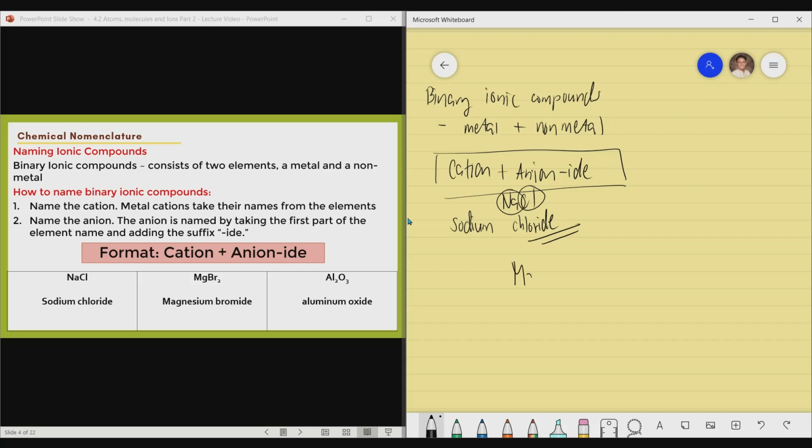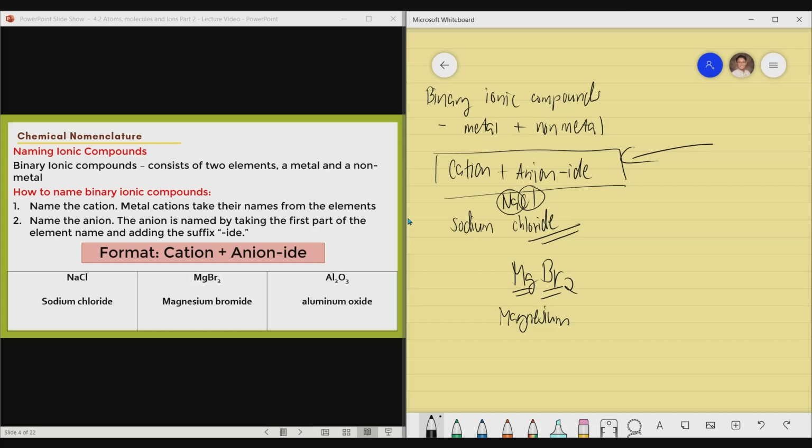What about MgBr2? Again, as the format suggests, name of the cation. My cation or my metal is Mg. The name of this one is magnesium. And then second format, anion-IDE. My anion or non-metal is Br. That's actually bromine.